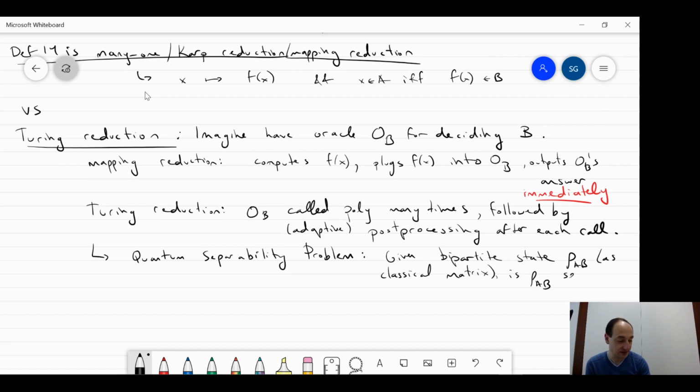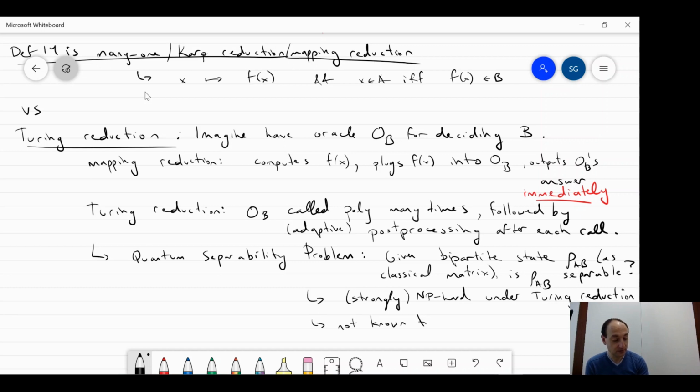Or technically, is it separable, so is it not entangled? This problem we've known for a very long time is strongly NP-hard under Turing reductions, which means you can take a problem like, say, clique, and using a Turing reduction, reduce it to separability, but it's not known to be NP-hard under the stricter notion of mapping reductions.